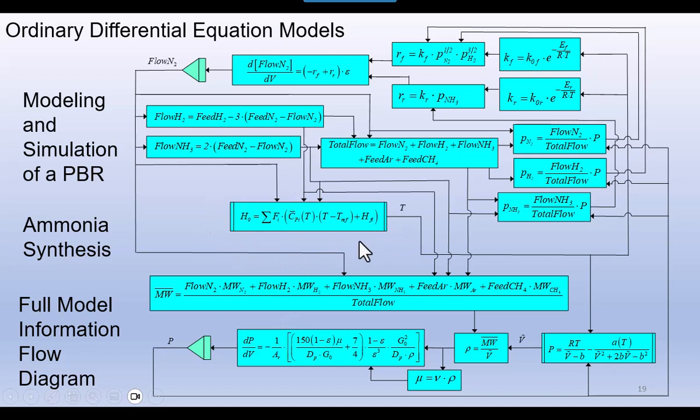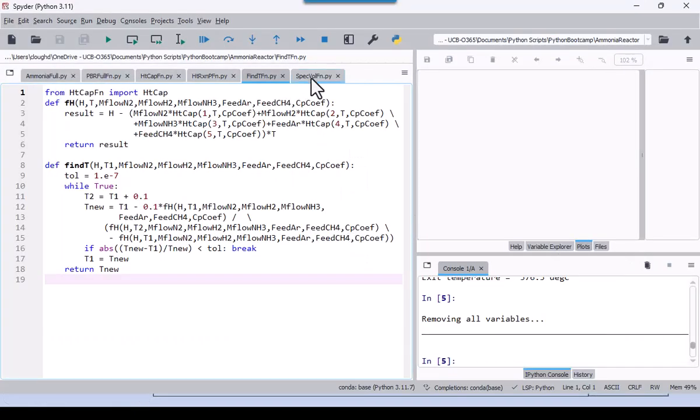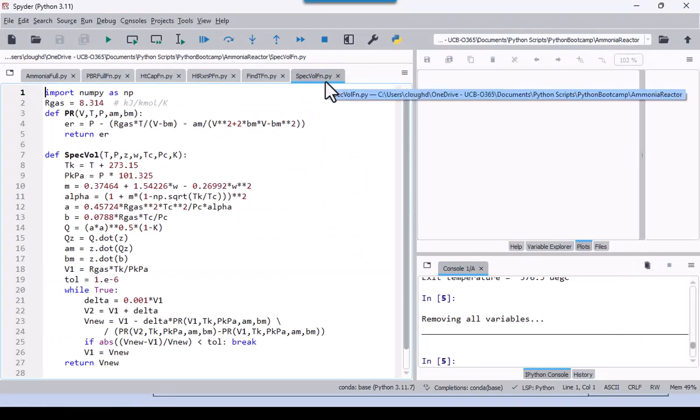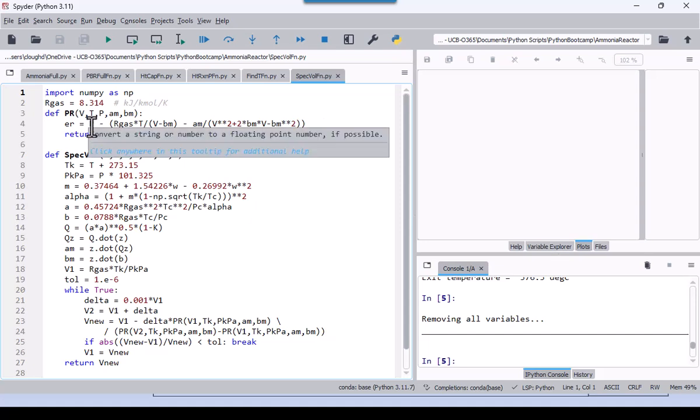So that's the one that implements the modified secant method to come up with the temperature according to our original information flow diagram. And then the spec volume function is the one that solves the Peng-Robinson equation of state. And again, the Peng-Robinson equation of state is an internal function here that just calculates the pressure minus the prediction of pressure to get the error, and we want to drive this error to zero.